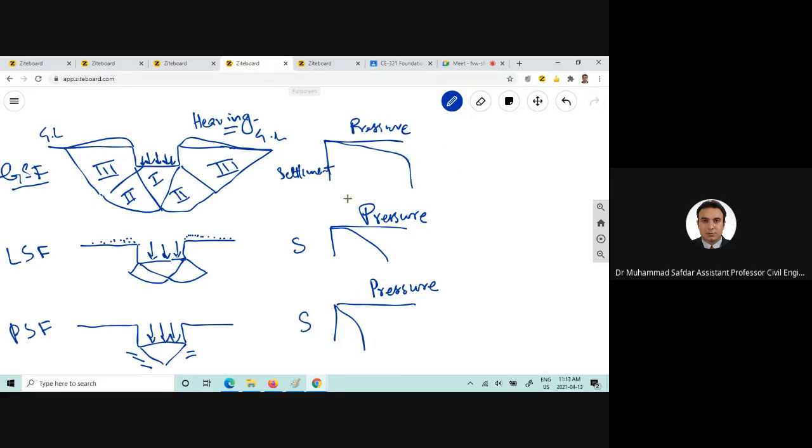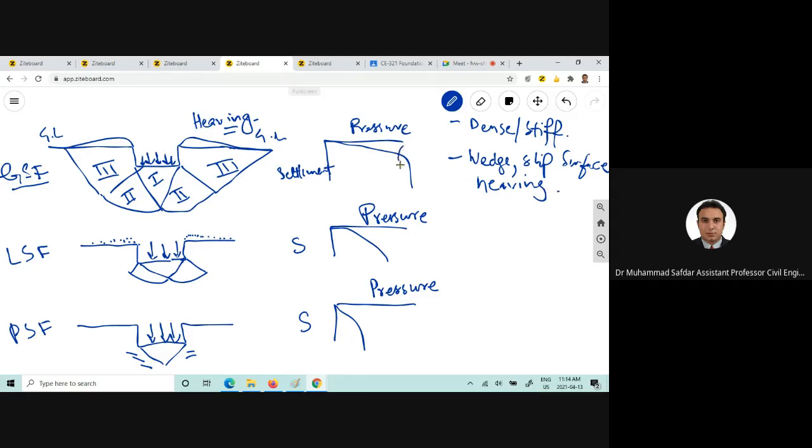Now, when and where will we see this kind of behavior? There are a few characteristics related to this kind of shear failure. This will occur in dense or stiff soils. We will have a wedge here, we will have a slip surface, and we will also see heaving in this type of failure.